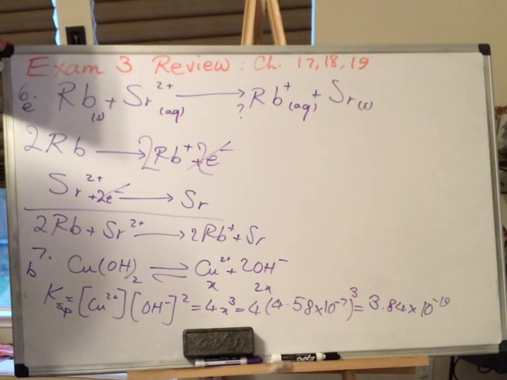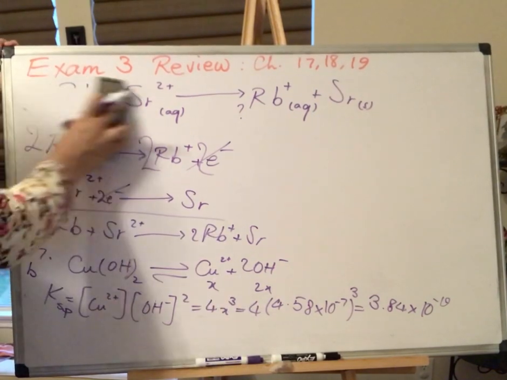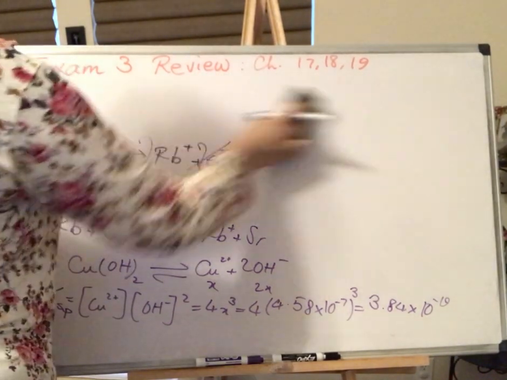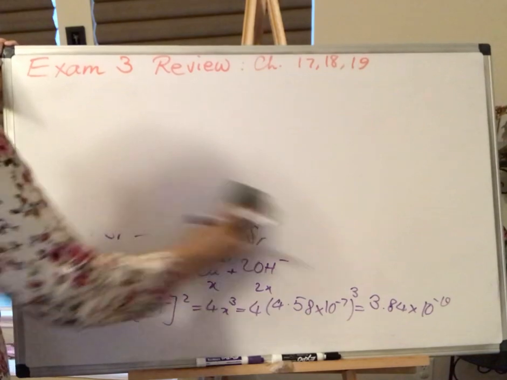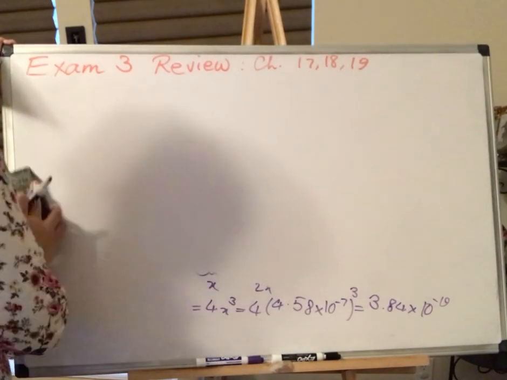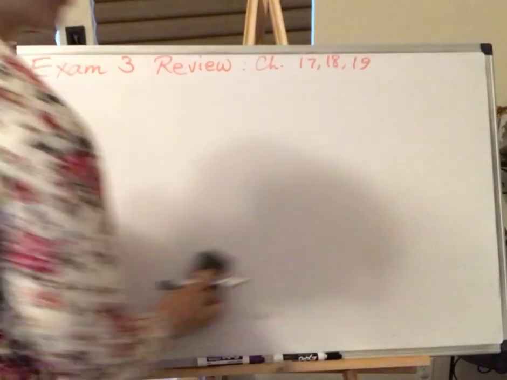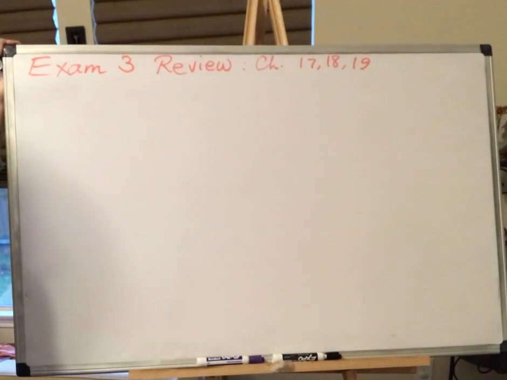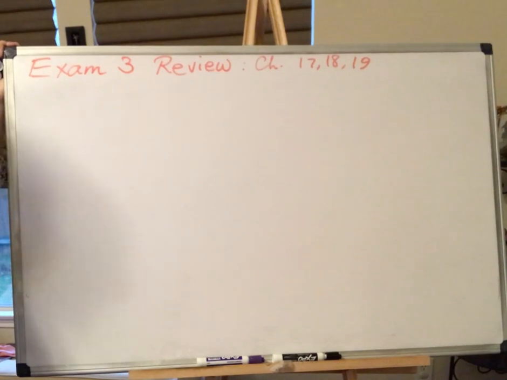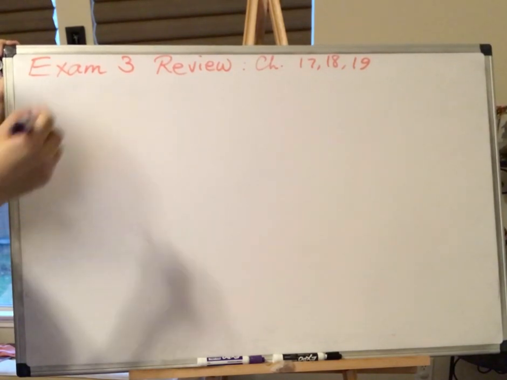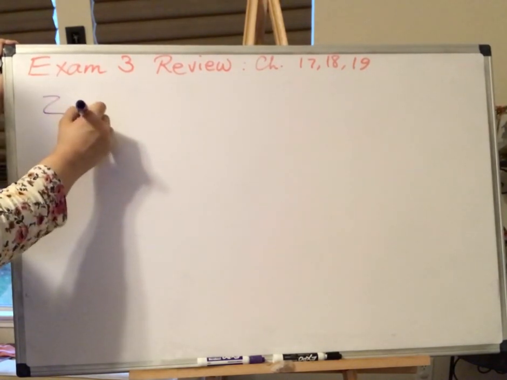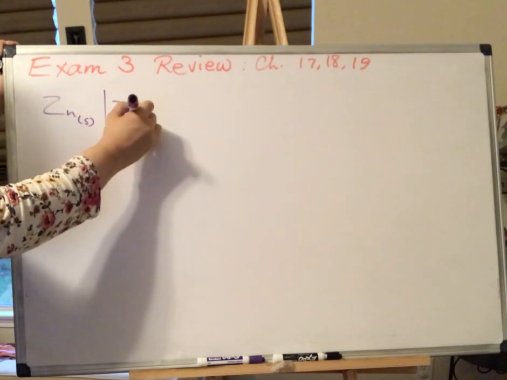Alright, let's move towards question 8. Question 8. What is the cell notation for the voltaic cell shown below? We see zinc is immersed in zinc nitrate, so it's zinc solid in zinc nitrate.